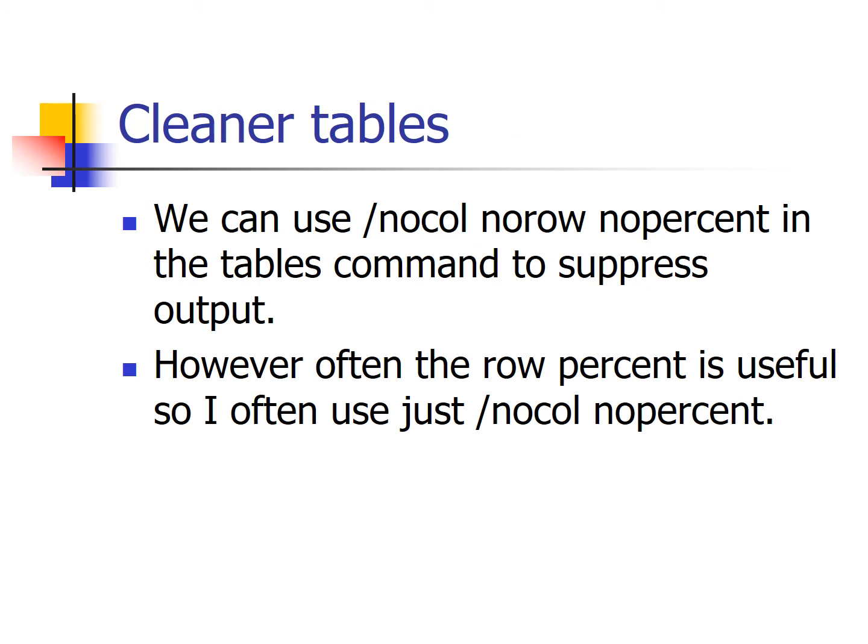So we could make a cleaner table by using the slash command in the TABLES statement. So I can do slash NOCOL, that'll suppress the column percents. I could do slash NOROW, that will suppress the row percents, although I usually like to have the row percents there. We could also do slash NOPERCENT, that will suppress the overall percents.